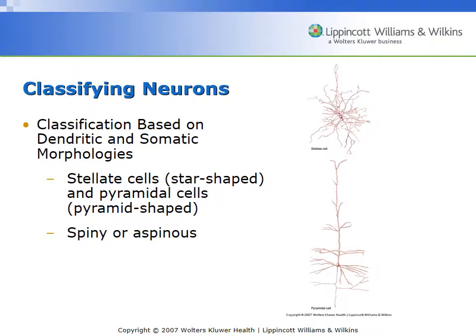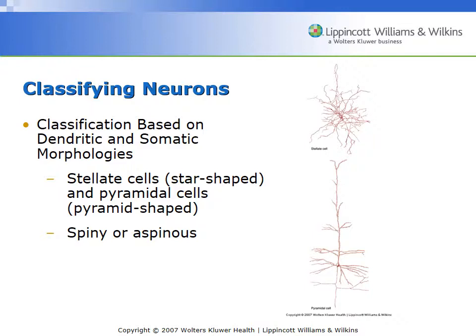The dendritic trees can also vary from one neuron to another, and these are also classified and have been given some extravagant names like double bouquet cells or chandelier cells. There are other cells that are a little bit more down to earth, like alpha cells.